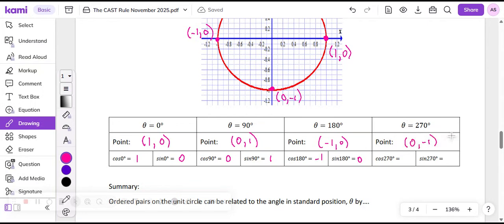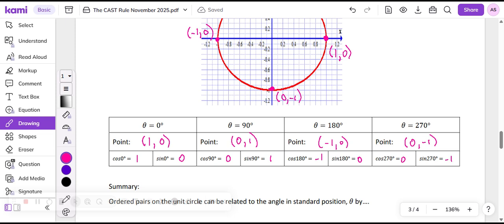Don't take my word for it. Try the cosine of 270. The cosine of 270 is equal to 0. And the sine of 270 is equal to -1.